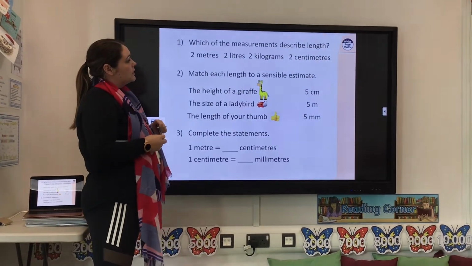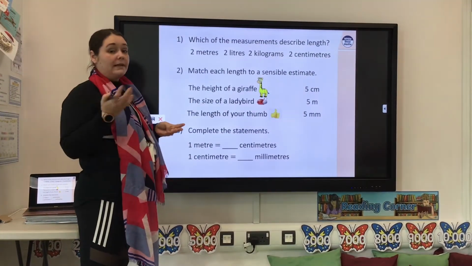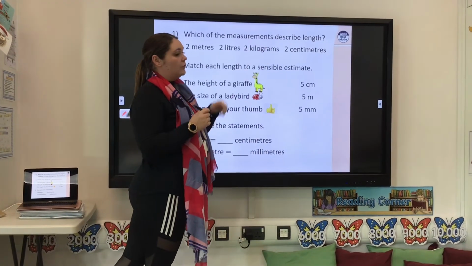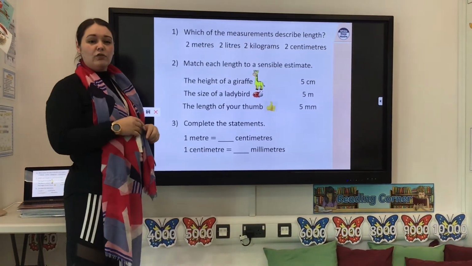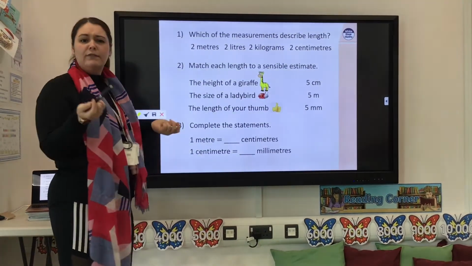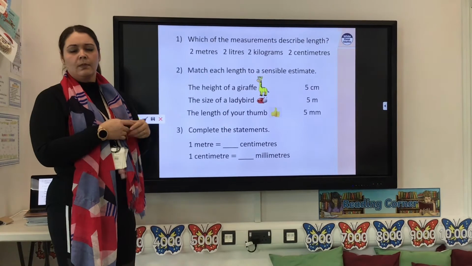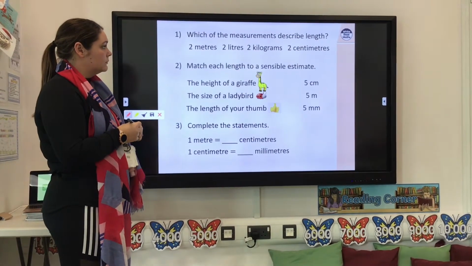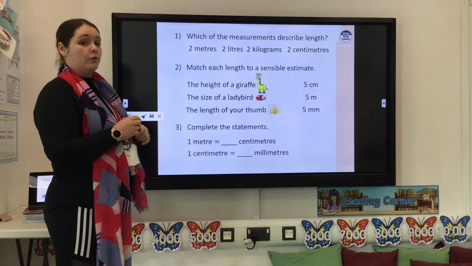Which of these measurements describes length? So we have 2 metres, 2 litres, 2 kilograms and 2 centimetres. So have a think now. Which of those do we use to describe length? What do you think, Mrs. Upchurch? Well, I don't think it can be kilograms because I remember something from before about grams being used to measure weight. Oh, good observation.